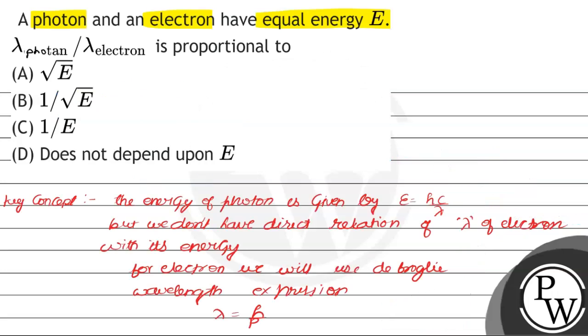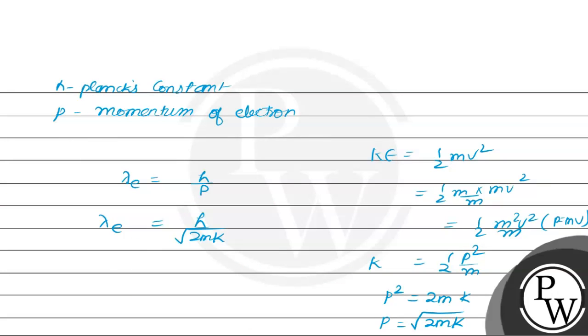And from the key concept, lambda of photon is c upon energy. Instead of energy, we can write its kinetic energy K, so hc upon K. Now we just have to take the ratio of lambda of photon upon lambda of electron.